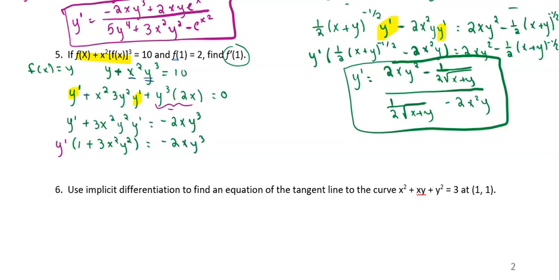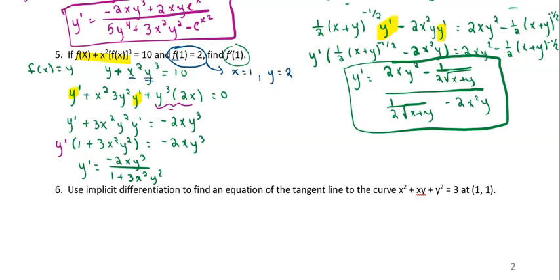All right, now we can do our division. So that means y prime is going to equal negative 2x y to the third over 1 plus 3x squared y squared. Now in this one, we're given a little bit of information. What we're given is that when x is 1, see right here, this means when x is 1, then y is 2.